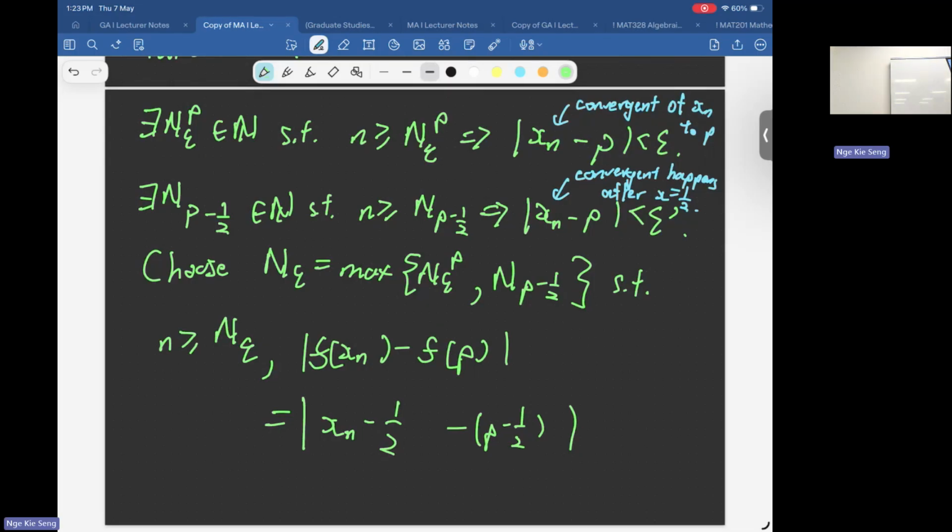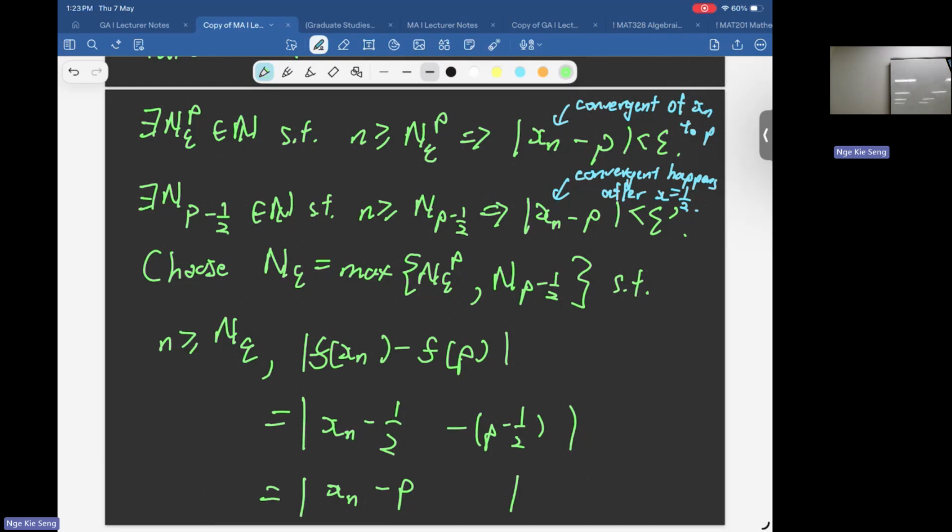Add this together, and you can see that miraculously this half will disappear.